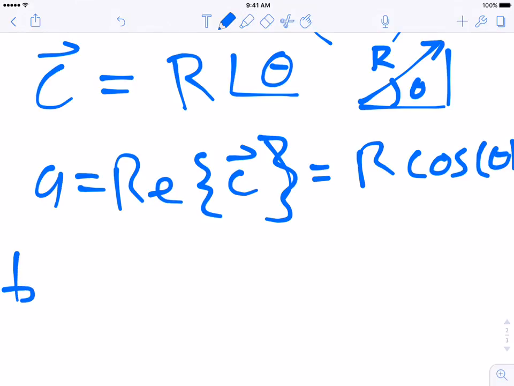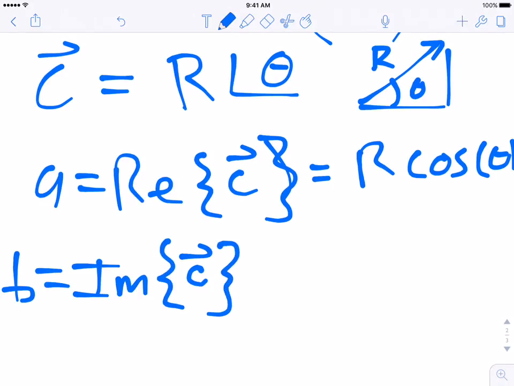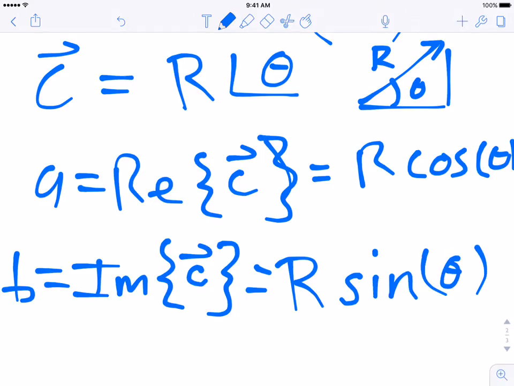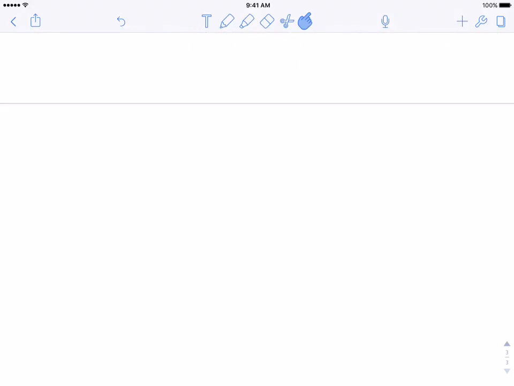And then b is the imaginary part of c, right? And that's just r sine of theta. So you can just use trigonometry to do these conversions. It's a good way to think about it, is just thinking about that triangle.